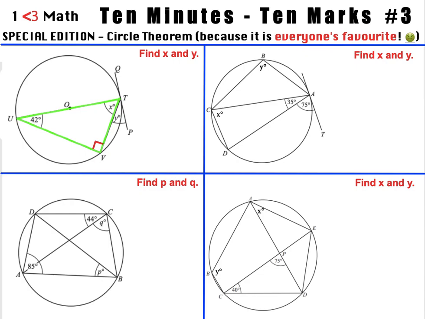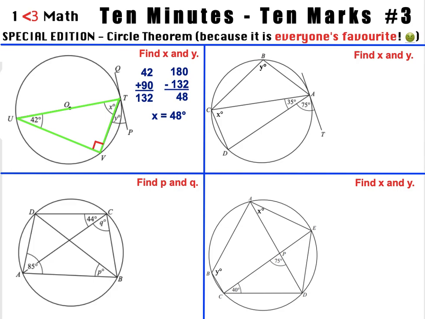Consequently, we can work out angle x because the angles in a triangle add up to 180 degrees. So we can add those two angles up. 42 add 90 is 132, and we can subtract that from 180 degrees, giving us 48. So we can write x equals 48 degrees.